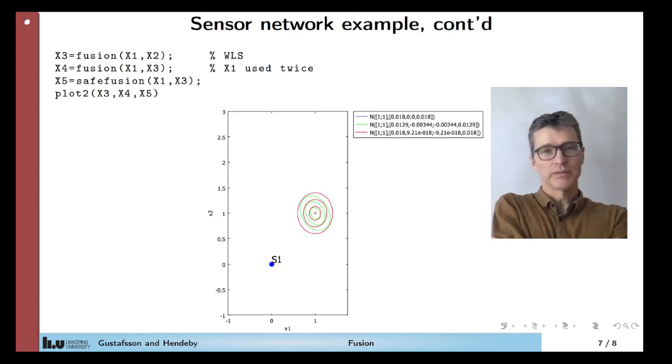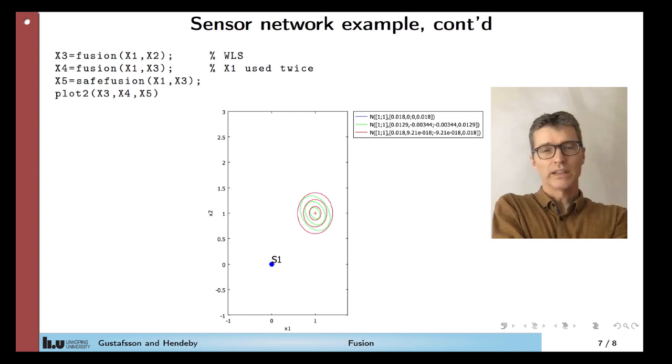As an example, suppose that we have two information sources, x1 and x2. These are fused to get x3, and x3 sends its estimate to the fourth node that combines x1 with x3. In this way, we have at x4 double counted the information from x1 that reaches x4 in two different ways.